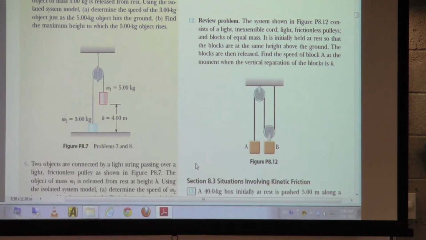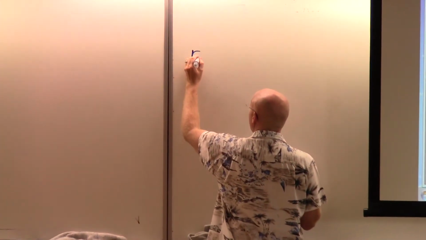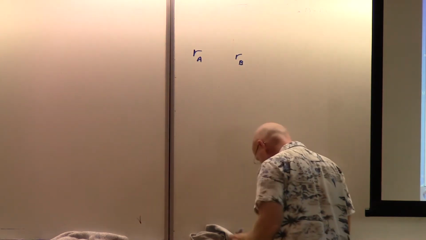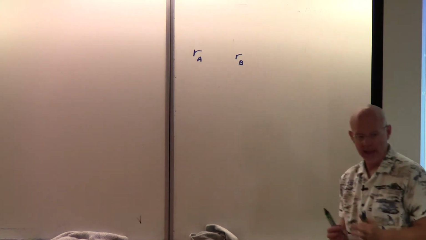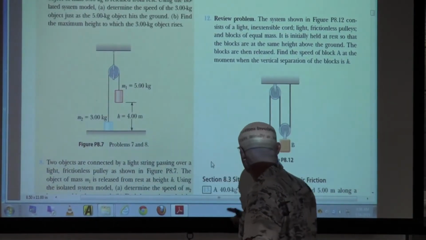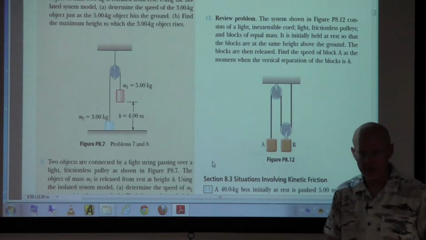So maybe up here I could put the R for A and the R for B and say, all right, how are those two related? They're not equal, are they? The distance that A moves is, I think you said it right, twice of what B moves.